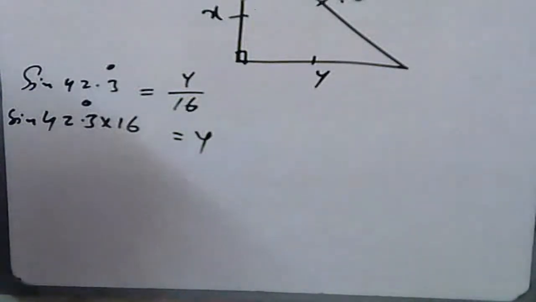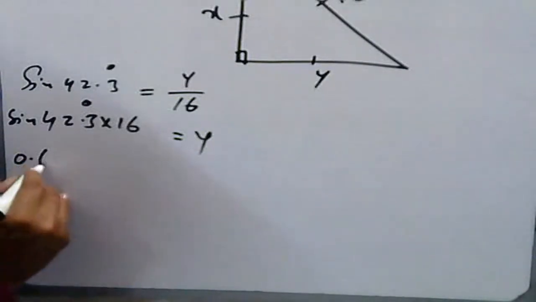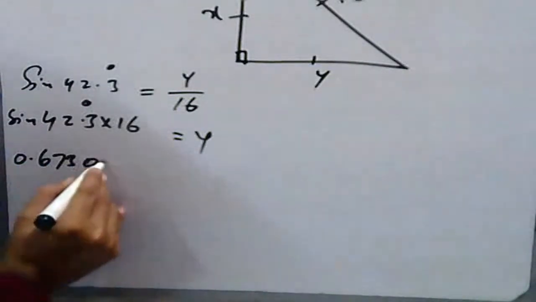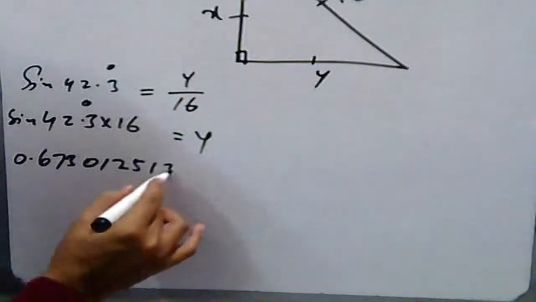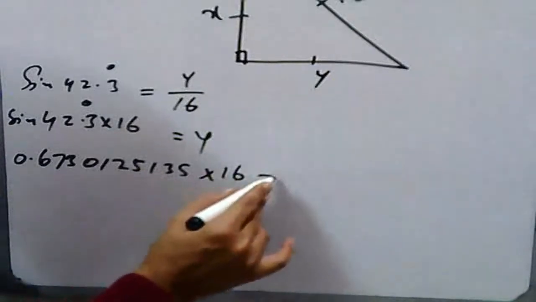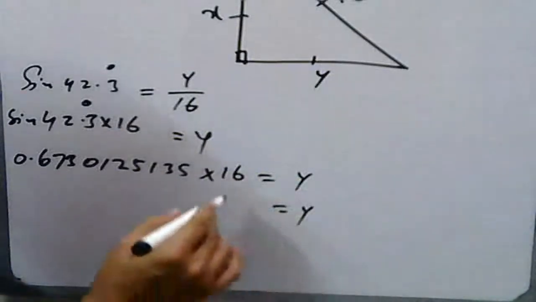So what is the value of sine 42.3? You can use a calculator, sine 42.3, you will get 0.6730125135.